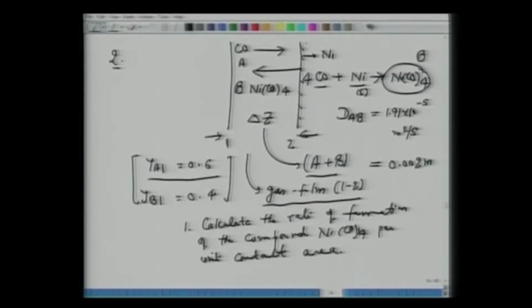This contact area is nothing but plane 2. Or we can also calculate the fluxes N_A and N_B. You will see that all of this is related to each other.